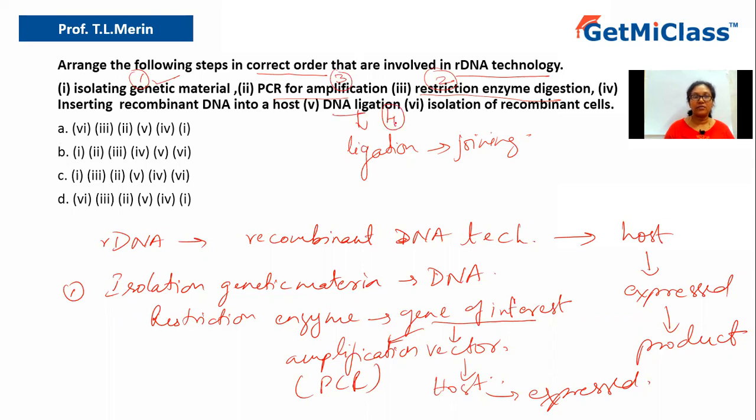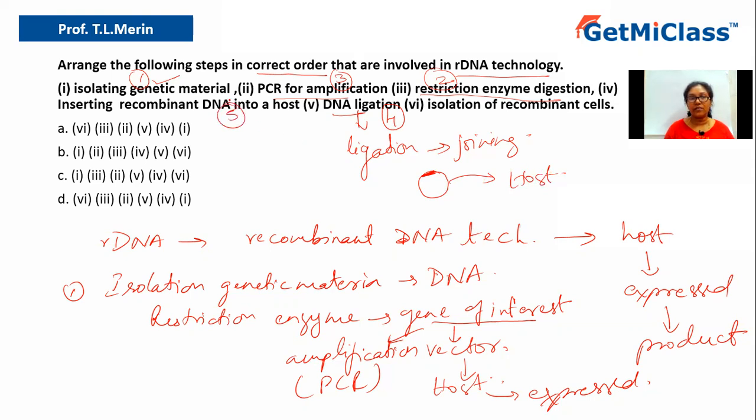Then after this is done, what do we do? Inserting the recombinant DNA into the host cell. Now what you have done, you have isolated the genetic material, you have isolated the gene of interest, you have inserted it into the vector and ligated it, and now this vector has to be inserted in the host, and that will be your fifth step.